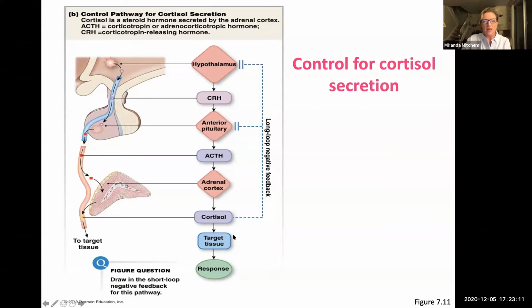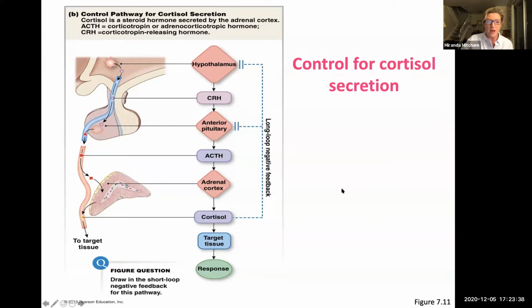And cortisol is what travels to the target cells and tissue and binds to its matched receptor, leading to the cellular response. Then we've got our long feedback all the way back, and then our shorter feedback mechanisms. So this is the hypophysiotropic hormone pathway that results in the secretion of cortisol.